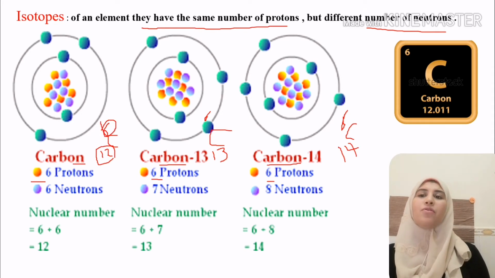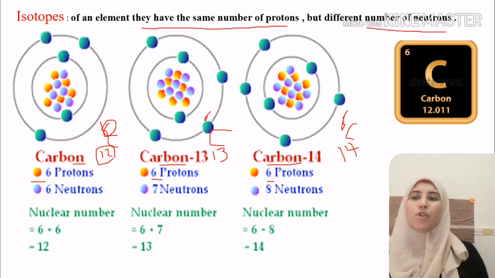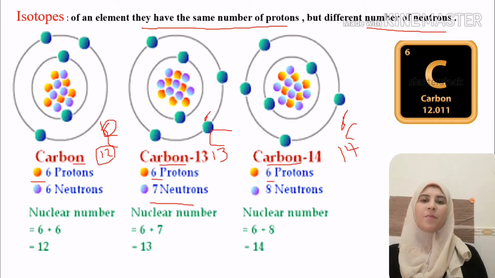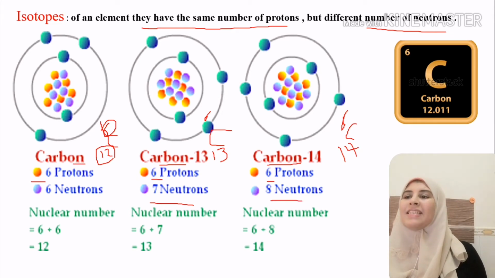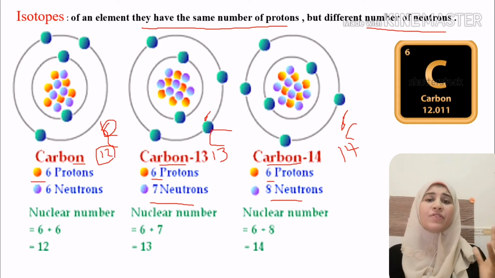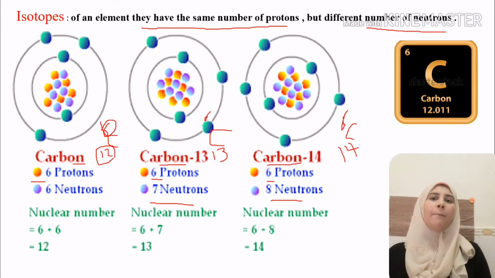So it is 12 minus 6 equals 6. So we have 6 neutrons. Number of neutrons in the other isotope is 7 neutrons. In the last one, it is 8 neutrons. So we have different numbers of neutrons. We have different nucleon numbers.